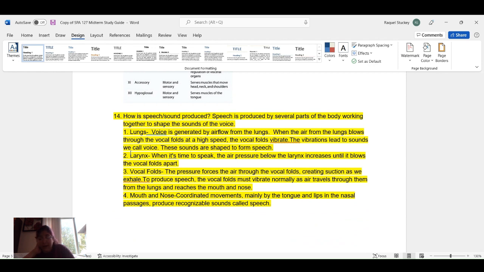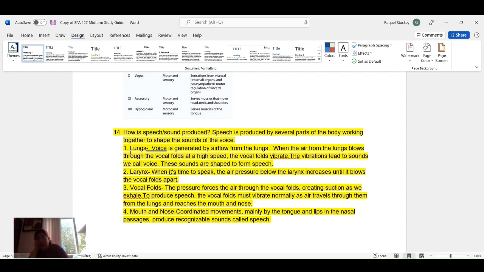Larynx: the air pressure increases below the larynx until it blows the vocal cords apart. Vocal cords: pressure forces air through the vocal cords, creating suction as we exhale. Vocal folds must vibrate normally as air travels through them. Mouth and nose: coordinated movements mainly by tongue, lip, and nasal passages.